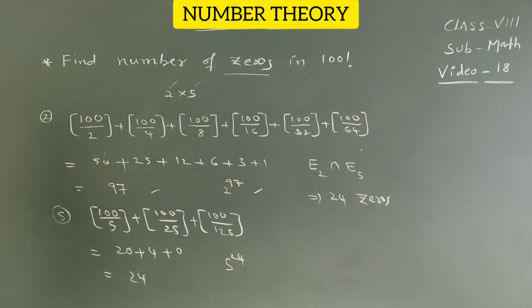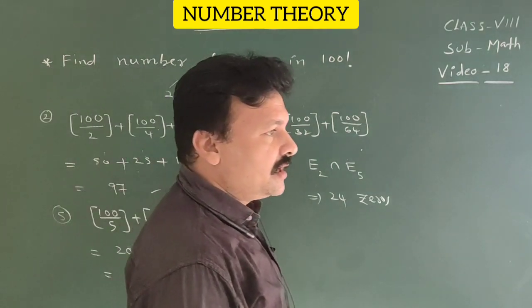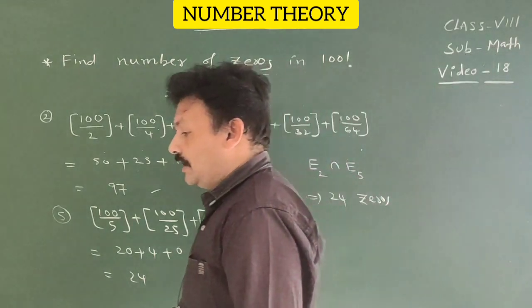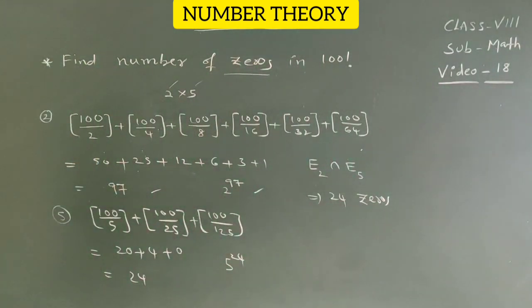In this way you can find it. The number of zeros means the highest power of 10 contained in n factorial, indirectly. Since 10 is composite, we need to arrange it as a product of primes, 2 into 5. So we need the highest power of 2 and the highest power of 5. Here the 5's are fewer than the 2's.